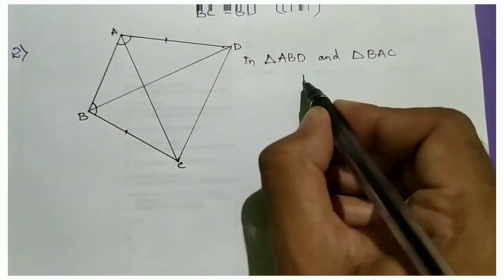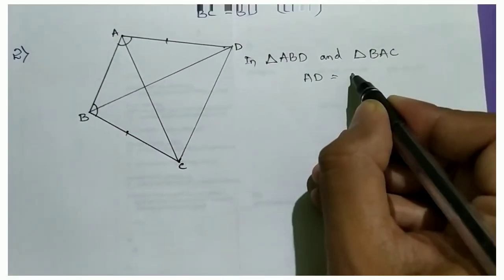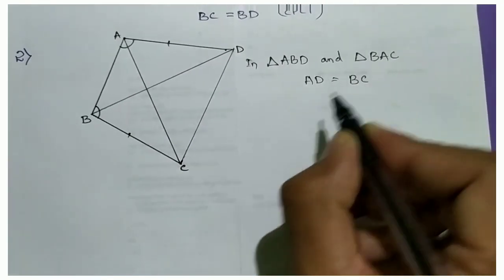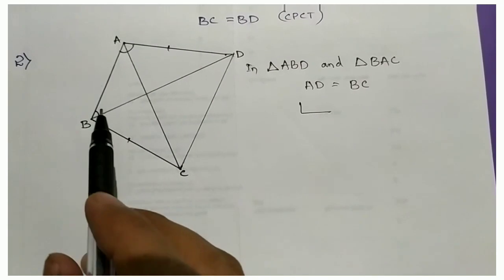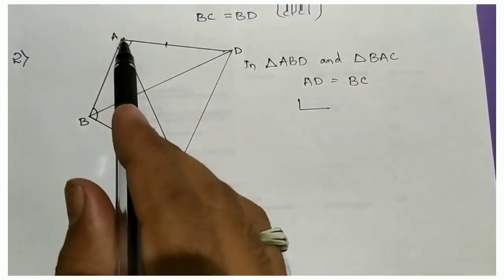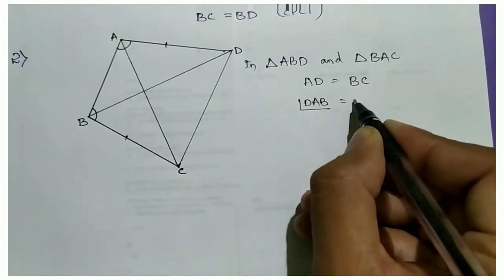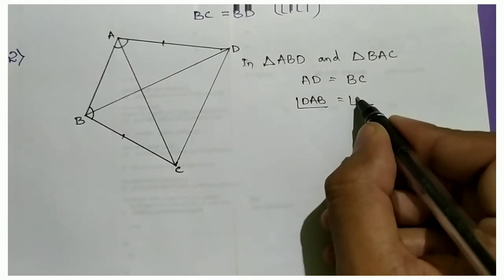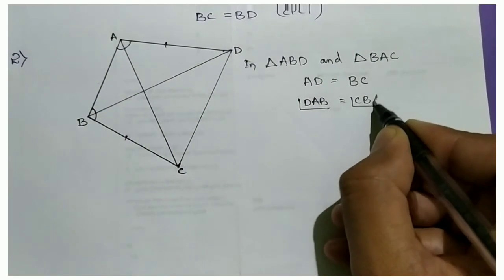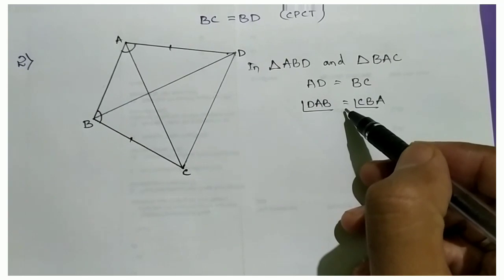First you write that AD equal to BC. Next another thing they given, angle DAB equal to angle CBA. One side one angle we got it.